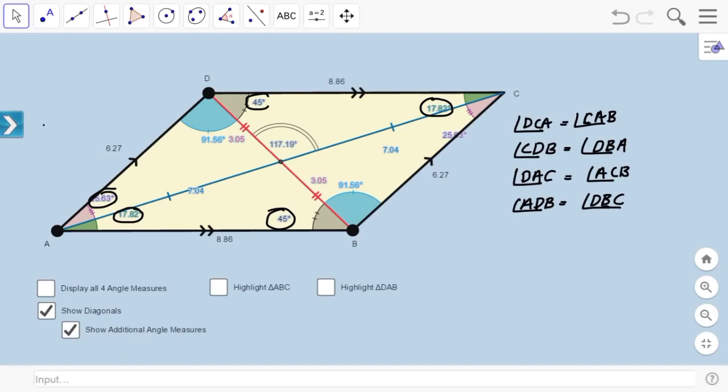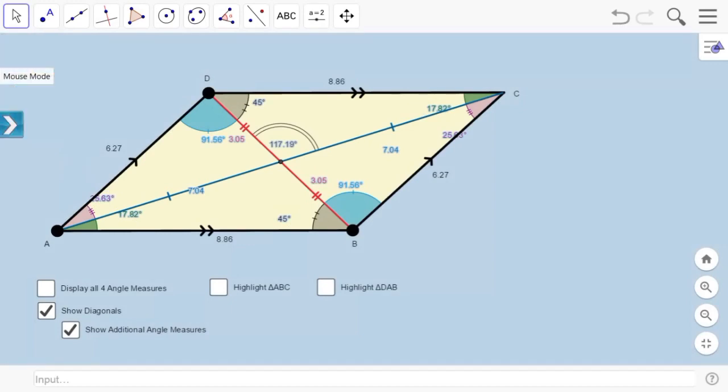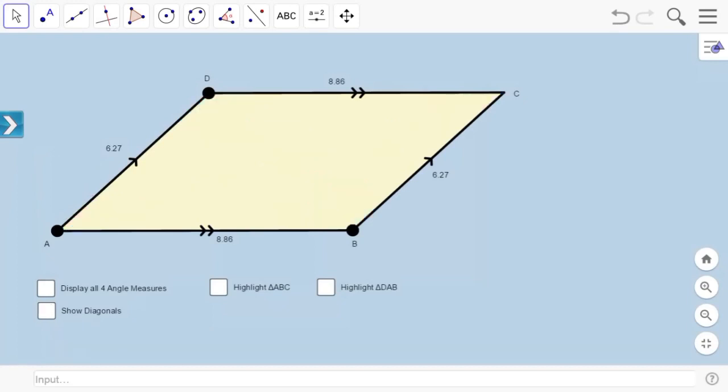And look at the angle formed at the point of intersection of diagonals. You can find it because DOC is a triangle. You know angle DCO and CDO. So you can find angle DOC because sum of angles of triangle is 180 degree. And look at triangle ABC and triangle ADB.